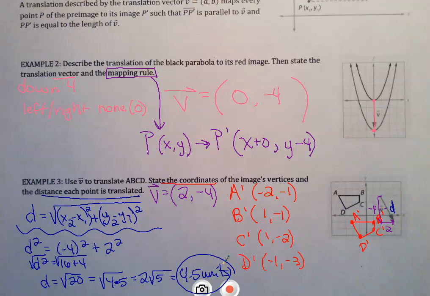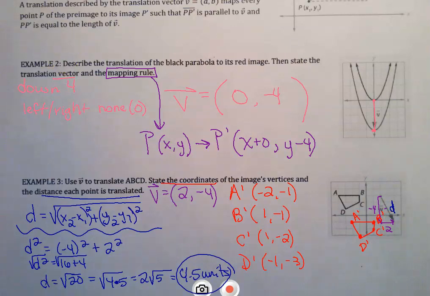But again, because our vector, like we have the distance and we're writing it with this vector notation, we can take those and set up a Pythagorean theorem to find the distance. So there's some weird stuff going on with translations that it's like, you know, in geometry we look at it from a totally different perspective than you've probably ever looked at translations before in like 6th, 7th, and 8th grade or earlier.